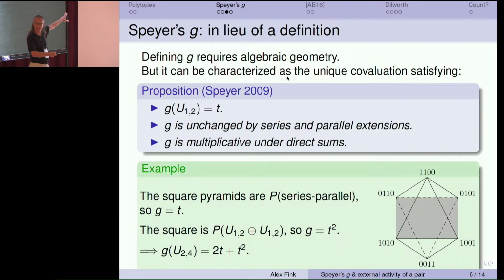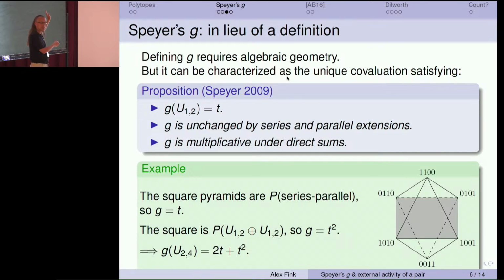It's not so clear that this defines a well-defined function, but it turns out it does. Speyer checked that this agrees with the algebro-geometric thing I just said, and if you're happy with these polytope subdivisions and producing polytope subdivisions, you can usually use this to evaluate G at least. So this is functionally sort of a combinatorial definition of G.